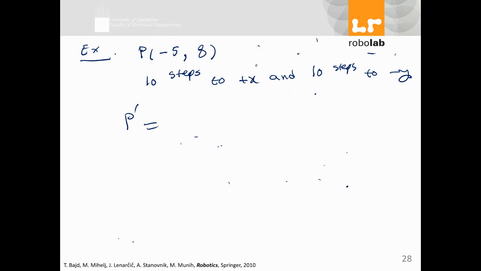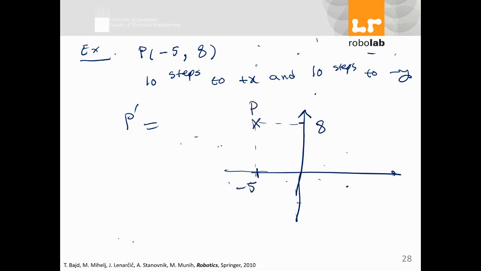So I have -5 here and 8. This is -5, this is 8, my P.